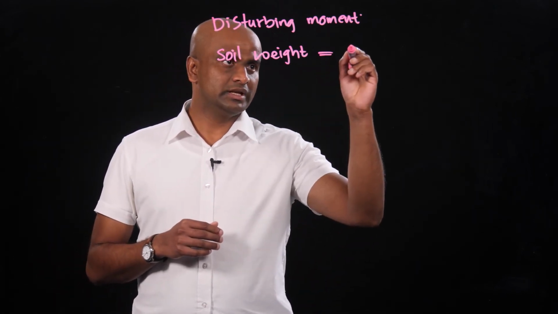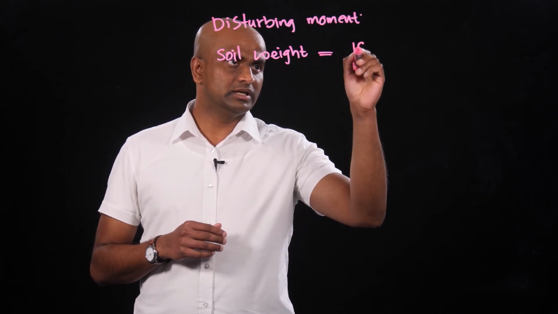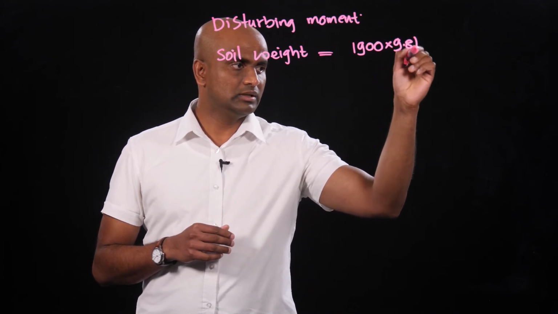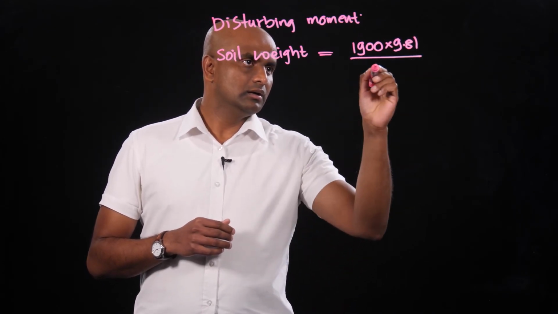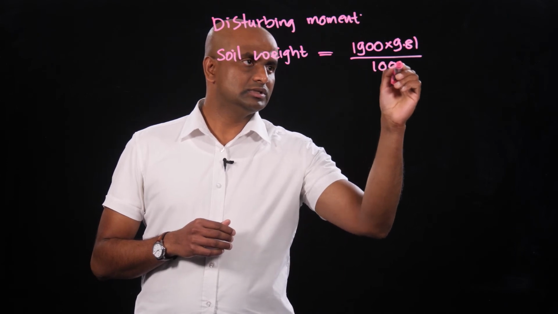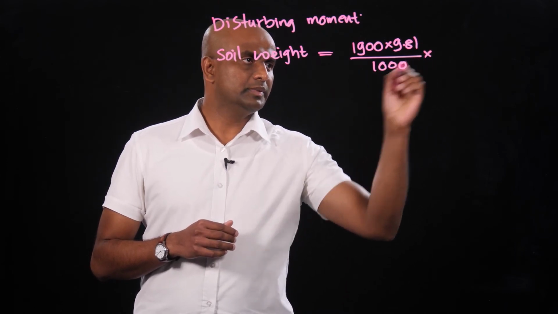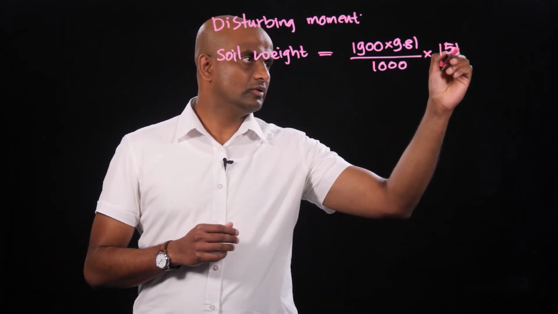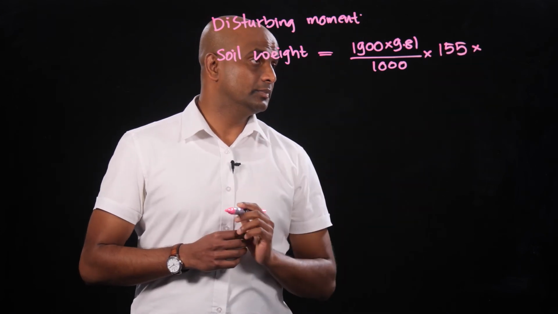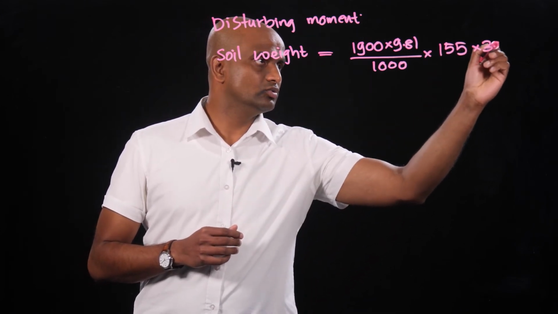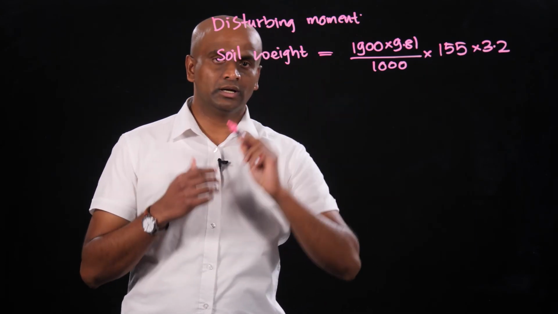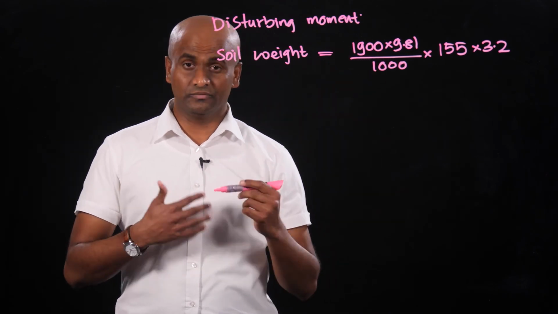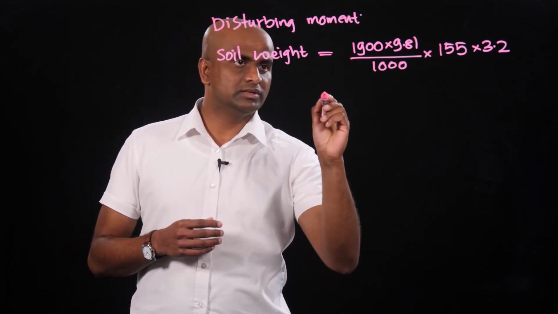The saturated unit weight can be calculated using the given density, which is 1900 multiplied by 9.81 divided by 1000 to make it kilonewton per cubic meter, and then multiplied by the area, which is 155, and the perpendicular distance will still be 3.2.